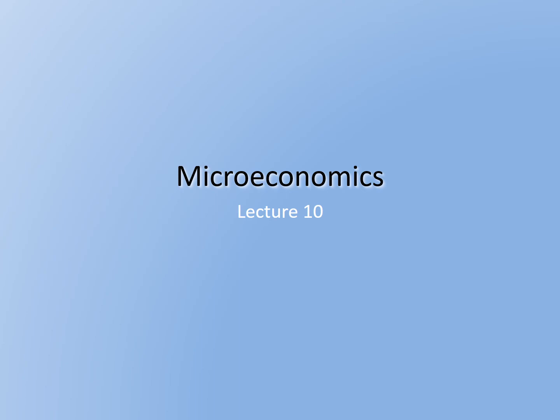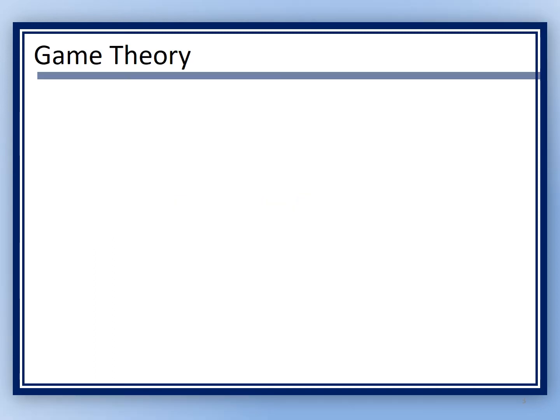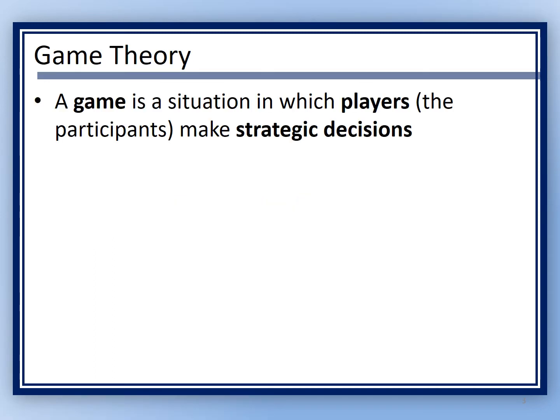So I'm going to start by introducing what is game theory, and you'll see that actually game theory is quite easy. It's quite easy to understand what it actually does, and it's a very powerful way of analyzing different situations. So let's start with why it's called game theory, right? Now, a game is a situation in which players, participants, make strategic decisions.